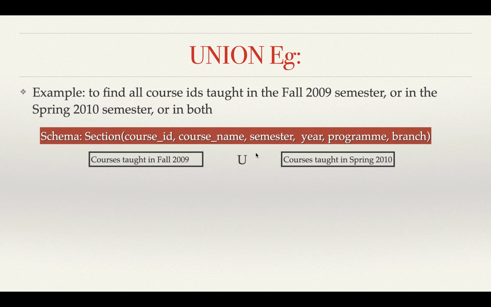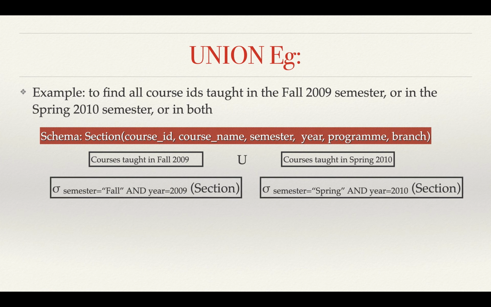So you have to do the union operation of this. Now we have to further dissect these into relational algebra expressions. So you can see here sigma. Why sigma? You are going to select the courses that satisfy this condition. What is the condition? The semester is fall and the year is 2009.